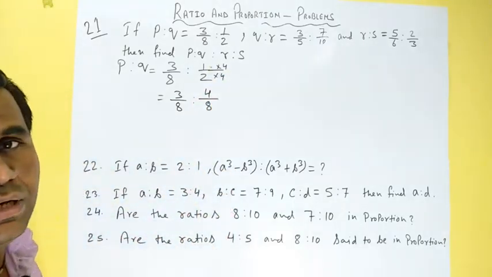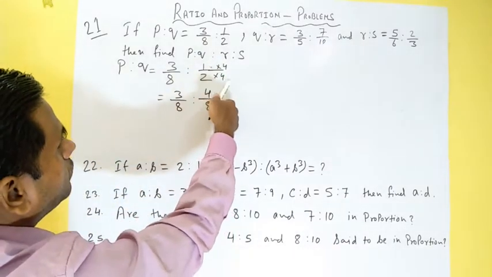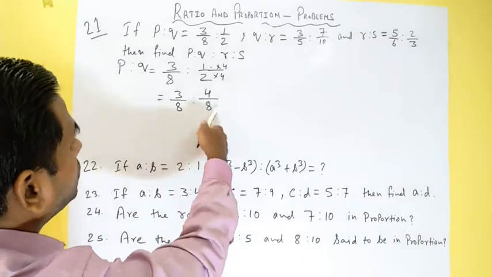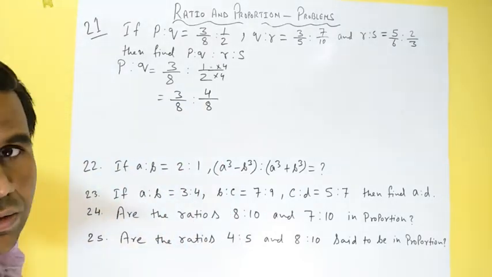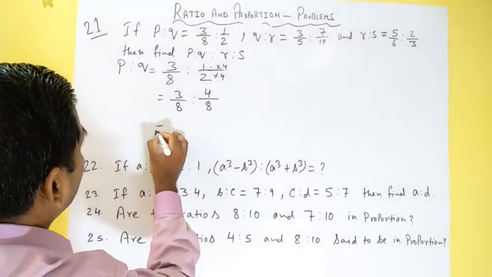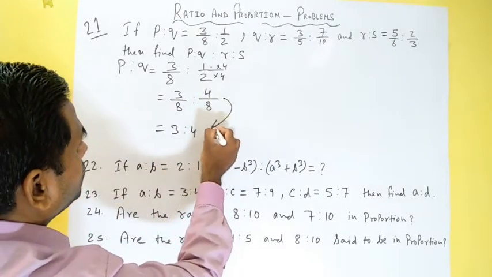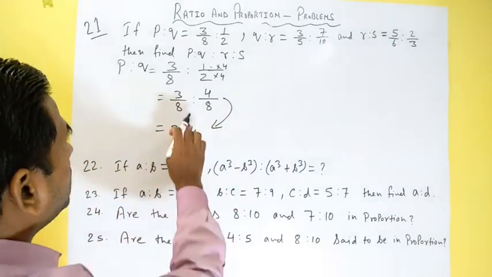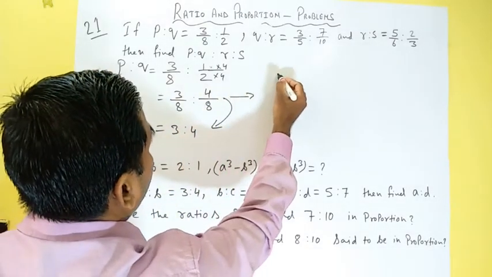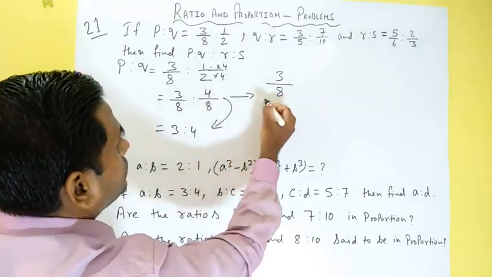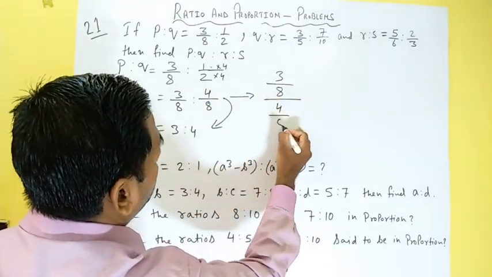4 is to 8 it will become. Okay, 4 ones are 4, 4 twos are 8. Now, since the denominator is same for both, we can cancel it. And the new ratio will become 3 is to 4. Now, how we have reached from this step to this step, I will tell you. This can also be written as 3 upon 8 is to 4 upon 8.